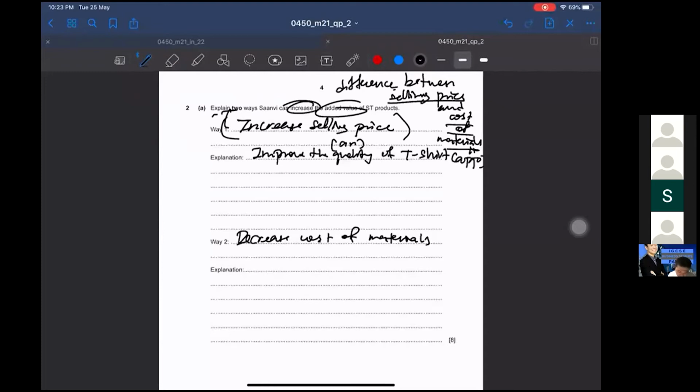Then after that you may continue, and therefore customers will be more willing to pay.